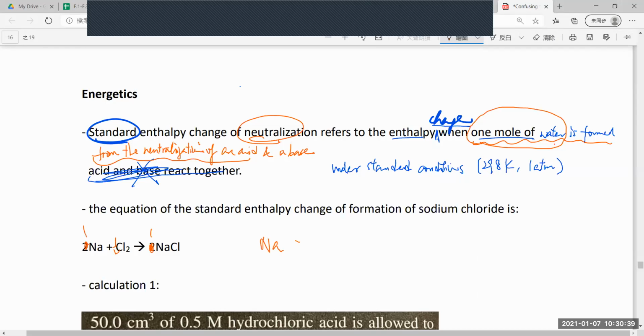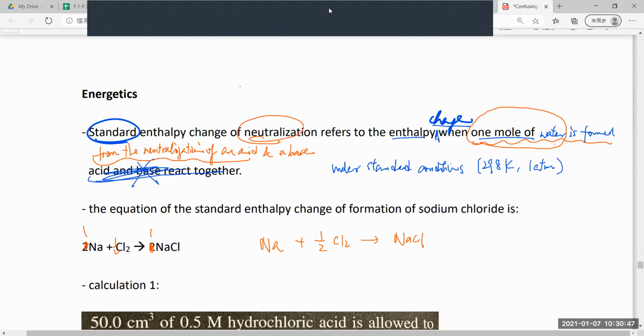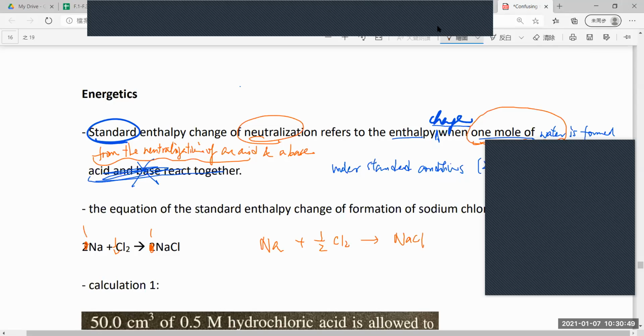So Na plus half mole Cl2 to form NaCl. What else? Something is missing. Na is not in the most stable state.